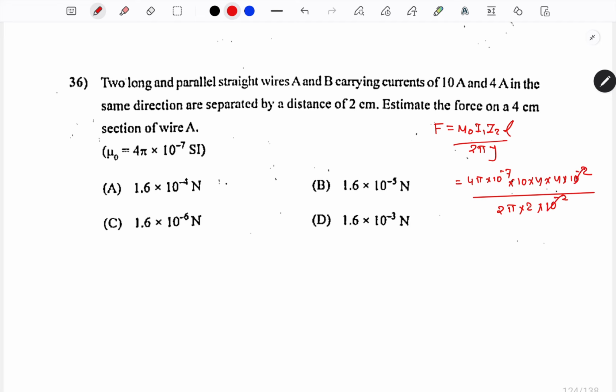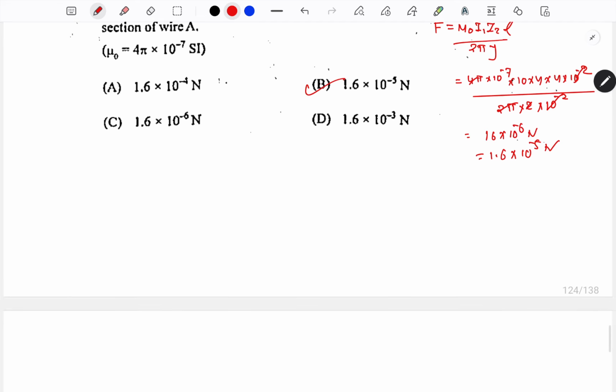So the 4 pi cancels. The answer is 16 into 10 to the power minus 6 Newton, which is 1.6 into 10 to the power minus 5 Newton. I think this is 1.6, option B.